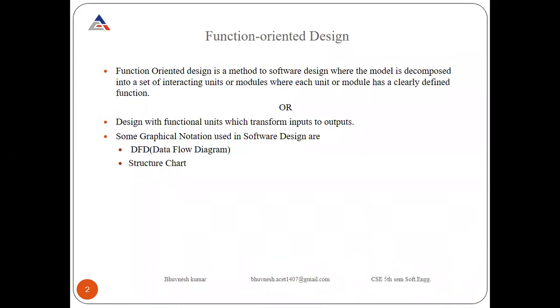Each and every process is clearly defined: what work they do, what data they will use, and what output they will produce. All that should be shown with graphical notation. The graphical notations used in functional design are the data flow diagram and, second, the structure chart, which is also called structure decomposition.